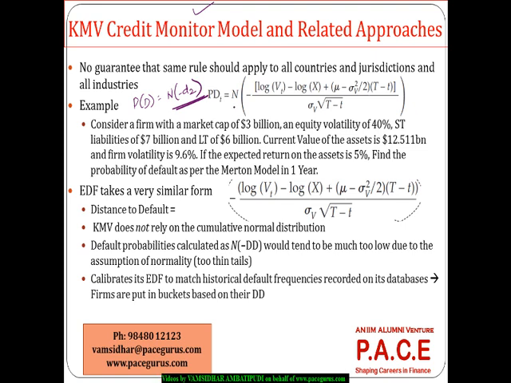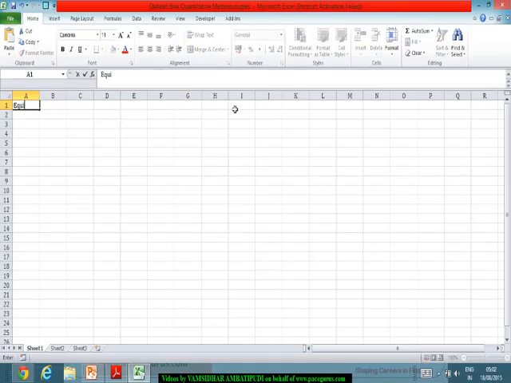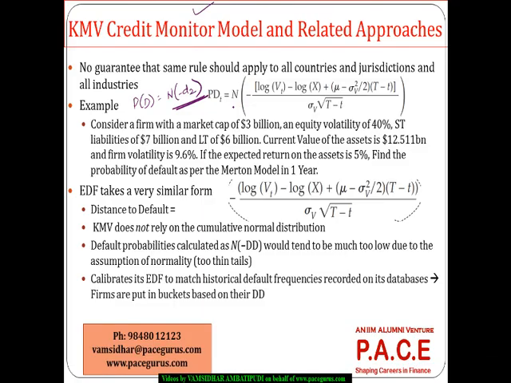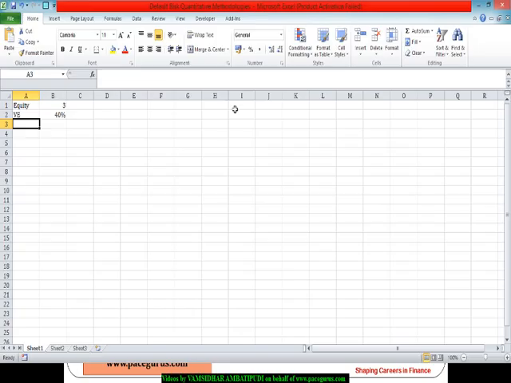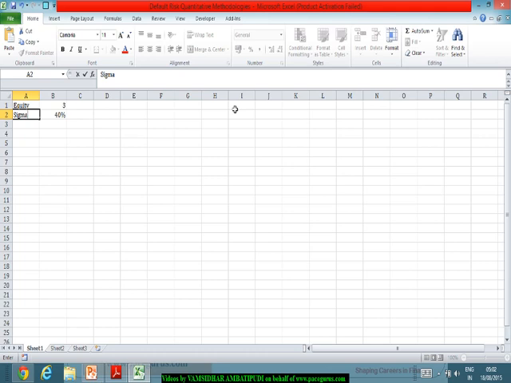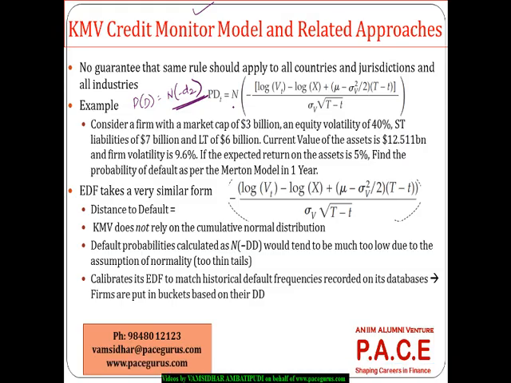The equity is coming out as 3 billion, and equity volatility of 40%, or I call it sigma of the equity, 40%.